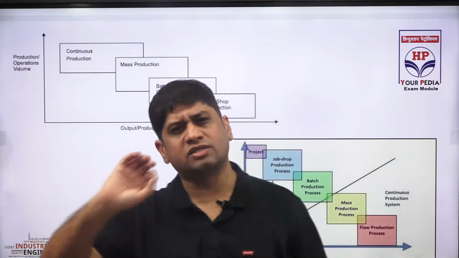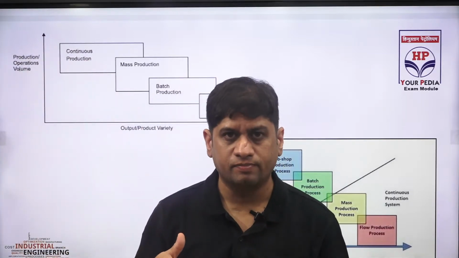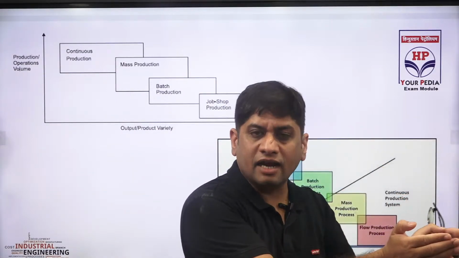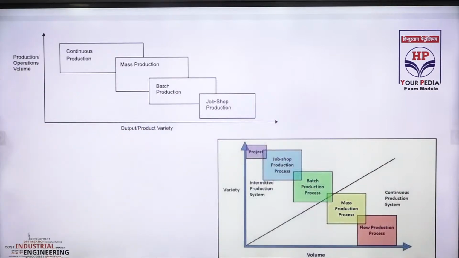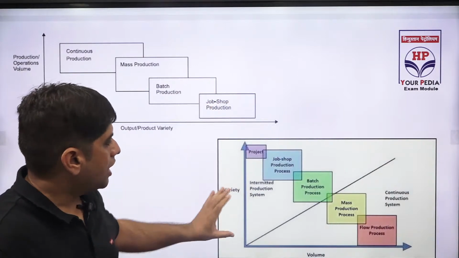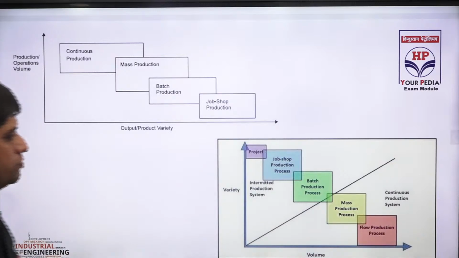In continuous production the item is the same. In project production, a particular item I took as a project. In selective production I selected some of the items, separated them from the others, and produced. In project production there is a huge variety, and in continuous production there is a huge volume.